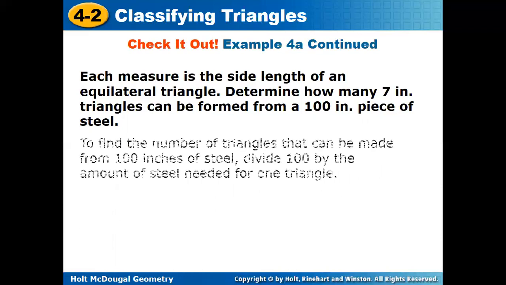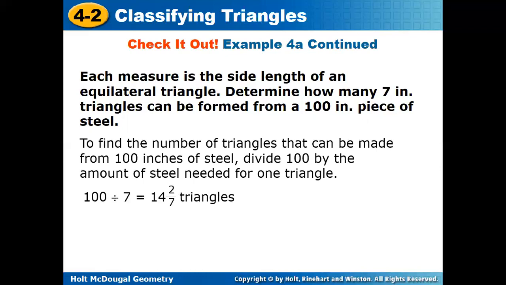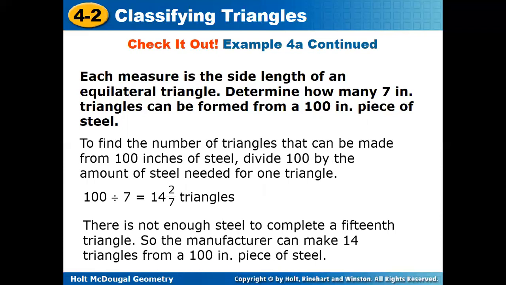Then divide 100 by 21, or divide 100 by 7 first, it will be 14 and 2/7. So I cannot write it like this, so I answer only 14 triangles for 100 inches.